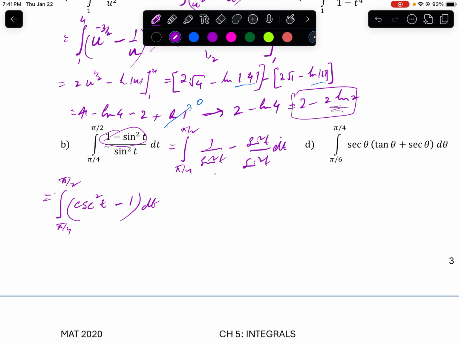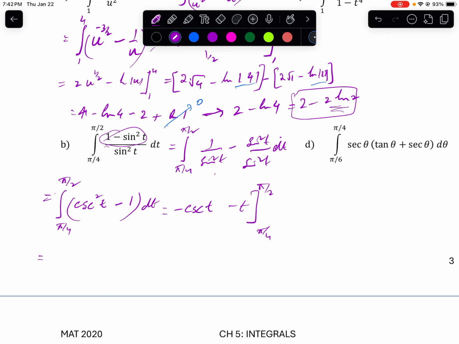Now it became simpler. So we can now say this is equal to the integral of cosecant squared t, which is negative cotangent t, and the integral of negative 1 will be negative t. And then the limits are from pi over 4 to pi over 2. So now I plug in the limits, first the upper limit and then minus the lower limit.